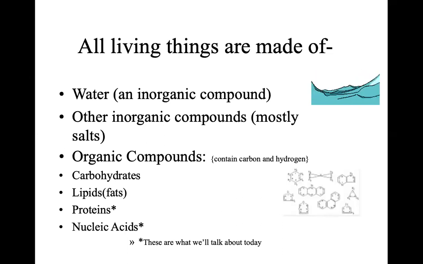For example, if I ask you to analyze a plant leaf, how much carbon, how much oxygen, how much hydrogen will you get, in weight or amount in mass? It is a very important question as a biologist.